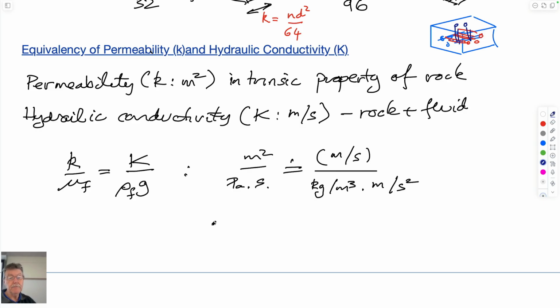And if we want to get a volumetric flow rate that represents our system, which has a relative permeability, then we have to use a relative permeability that represents that behavior. So this is our fundamental relationship. Permeability doesn't change. It's only a function of the rock. Viscosity changes with whatever the fluid is.